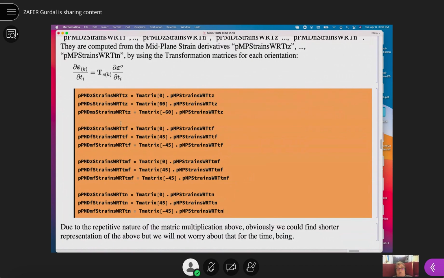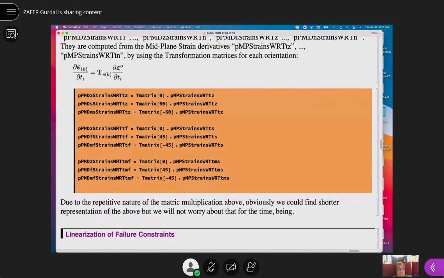Eliminated. This is partial with respect to z, partial with respect to 60, and minus 60. And this with respect to 90, which is also eliminated, so I can get rid of those. And the first three are corrected.